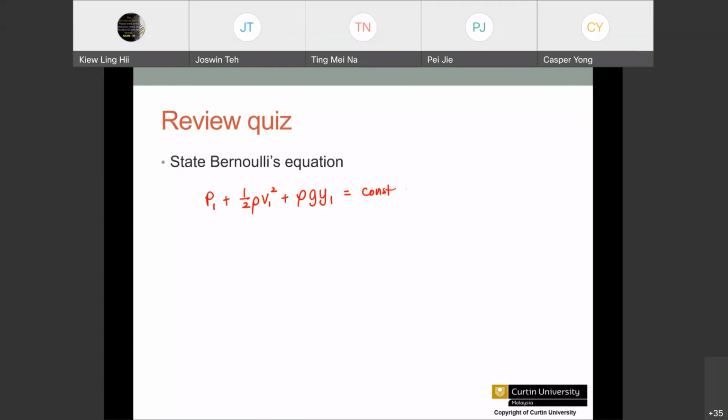So you can write it down in terms of P2, V2 and Y2. So that is the Bernoulli principle. So how do we apply it in our calculation?